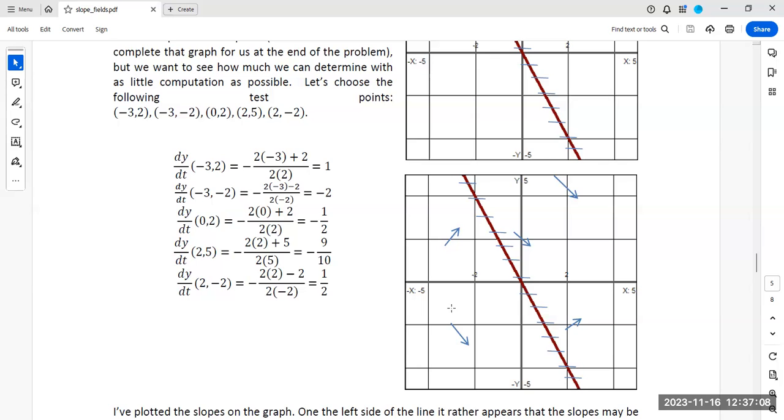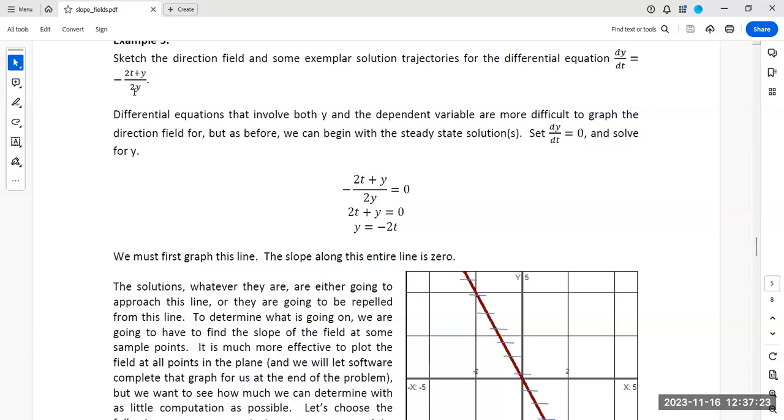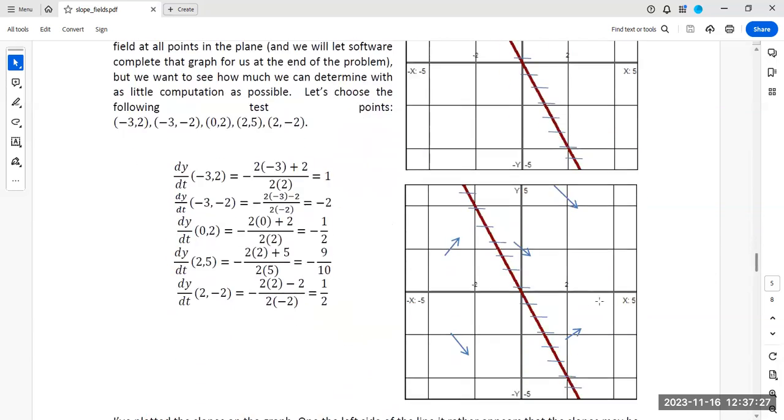So what I can see is if I'm starting here, I'm increasing, then going horizontal, and then going back down again. Now, if we go back to my original differential equation, there is a y in the denominator. So when I get to y equals 0, I'm going to end up with an undefined slope, which means it's going to be vertical.